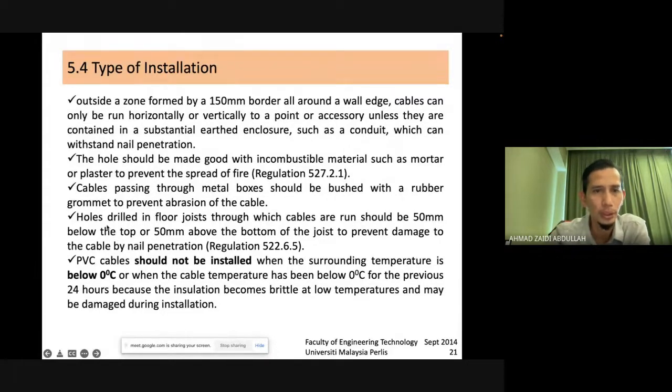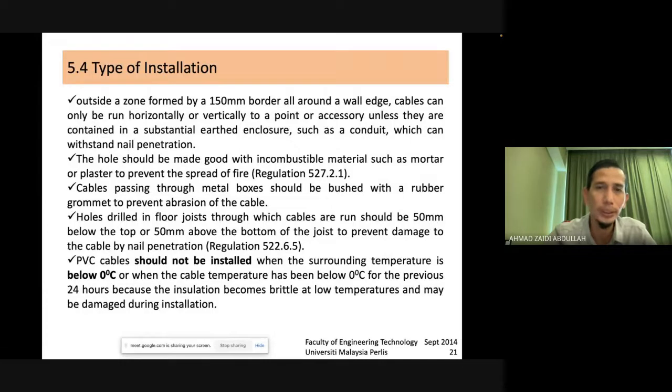Okay. PVC cable should not be installed when the surrounding temperature is below... Okay, yang ni kena tengok juga lah. If your project is under an area with below 0 degree Celsius, PVC type cable is not suitable to use because you can see from the data sheet, it will tell us the ambient temperature for the PVC cable type.